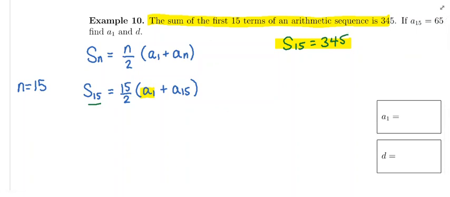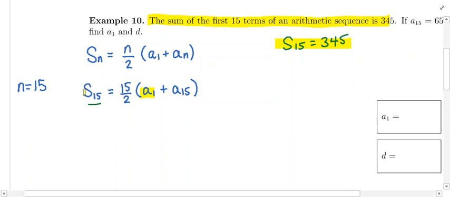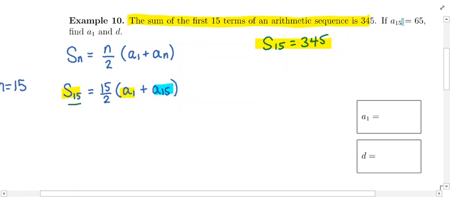The other thing we know is the value of A15. A15 is 65. So we can plug all this stuff in. S15 is 345. That's got to equal 15 divided by 2 times A1, that's what we're looking for, plus A15, which is 65. This leaves us with an equation that has just A1 as the unknown. We're going to be able to solve for it.